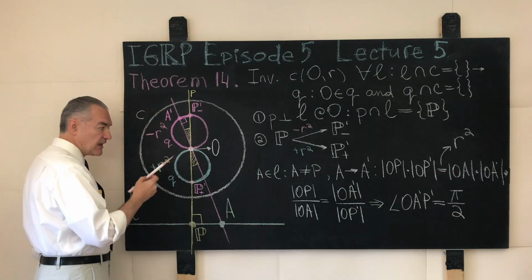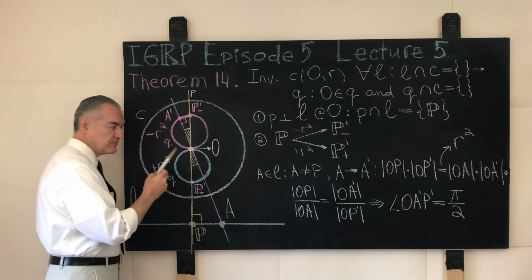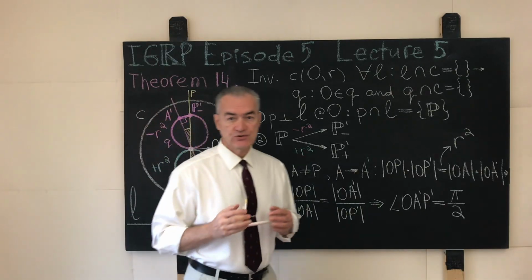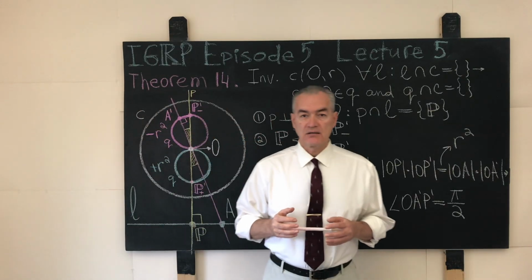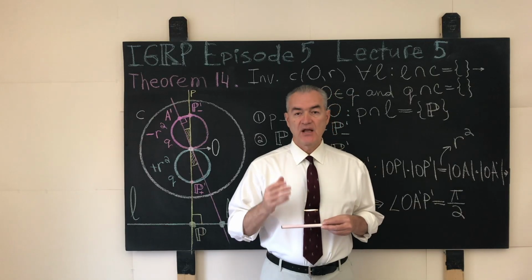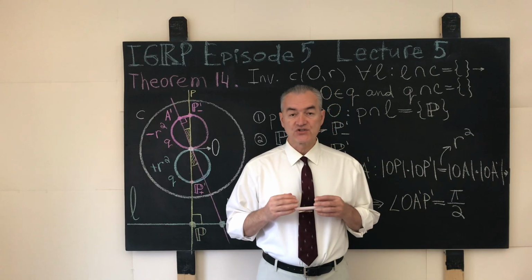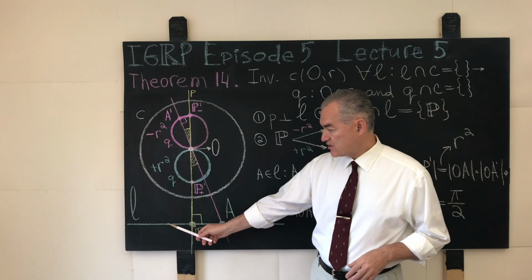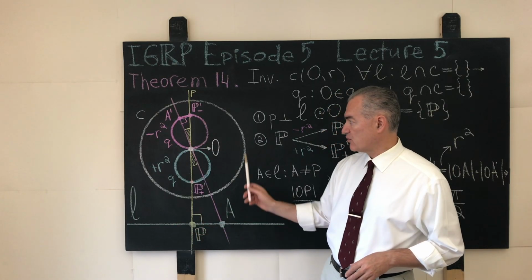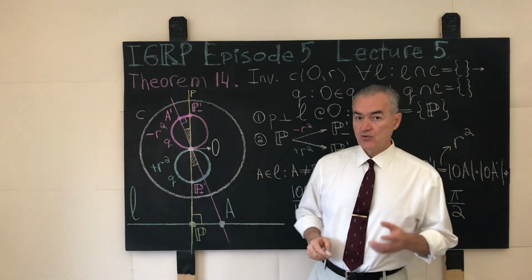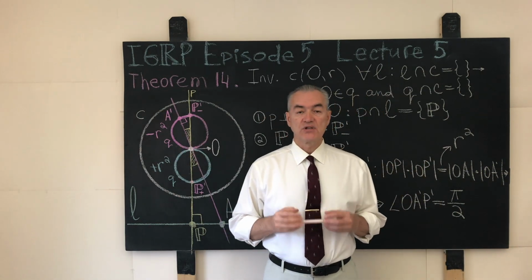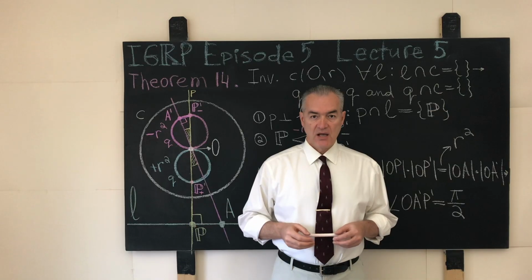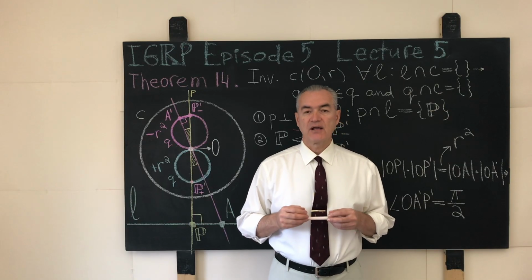And now that we understand the proof of this theorem, we also right away realize that we have an algorithm for constructing the image of the given straight line L, which has precisely 0 points in common with the given circle of inversion, using nothing but the Euclidean tools alone: a straight edge and a compass.